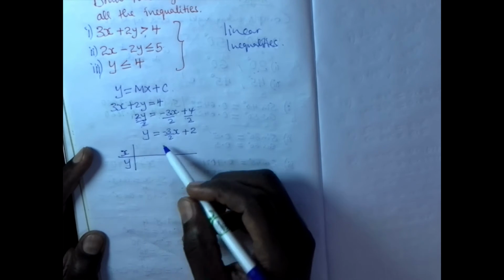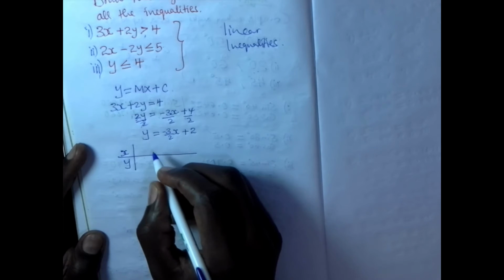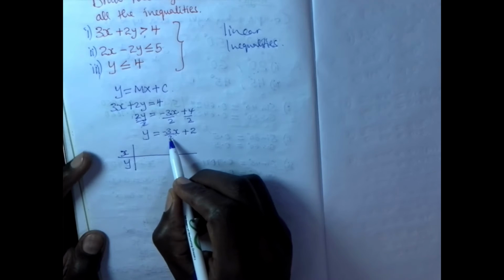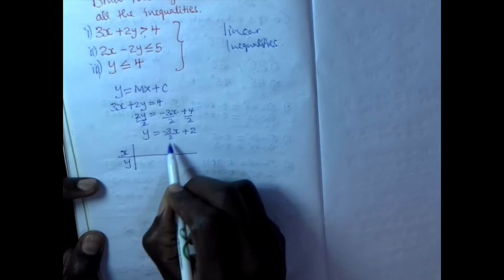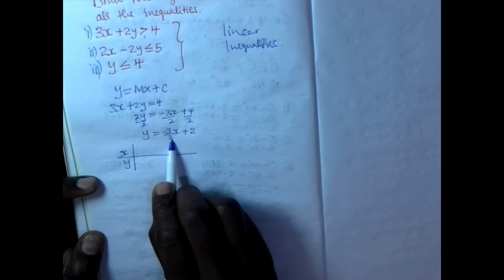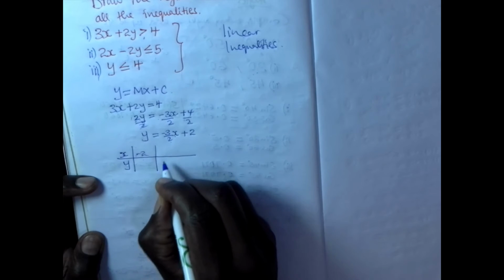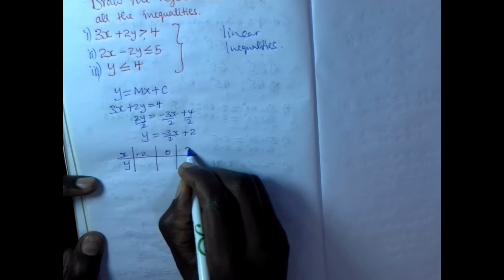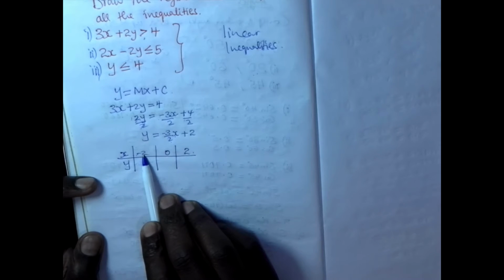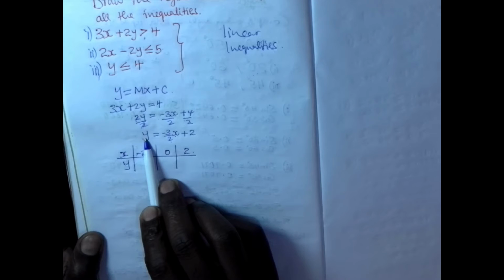We can take points near the origin. Since the coefficient of x has a fraction with denominator 2, let us choose values of x which are divisible by 2. I can take minus 2, 0 and 2. Then we substitute the values of x into the equation to get the corresponding values of y.